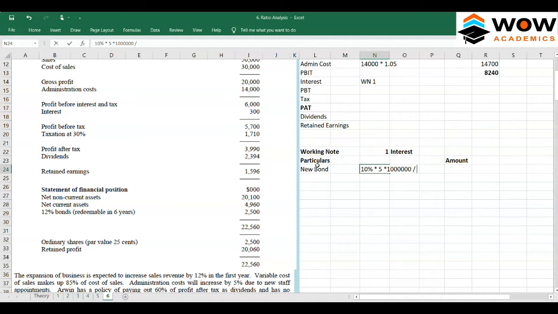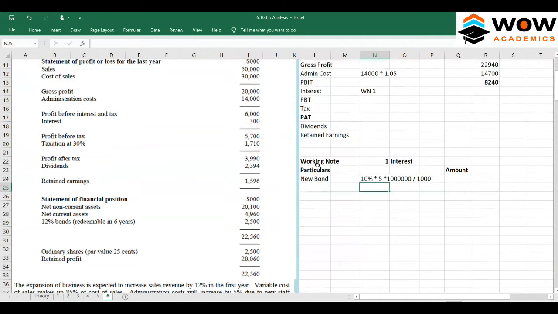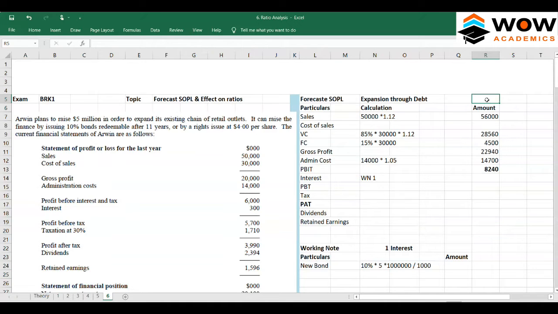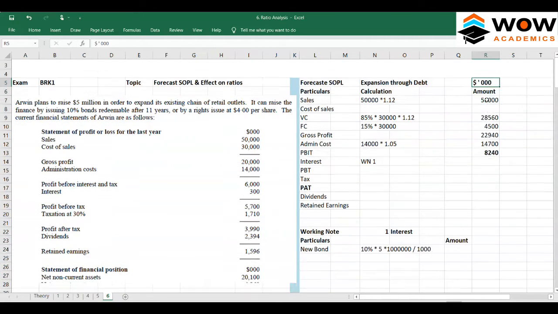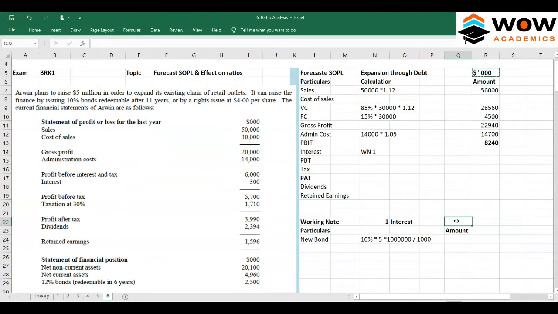As we are working out the sum in terms of thousands, we can divide it by 1000. Whenever we work out, we have to mention that we are working in terms of $1,000. The same concept is applied here also. So let's get the answer. It's a 10% interest and the 5 million bond converted to thousands comes to 500.